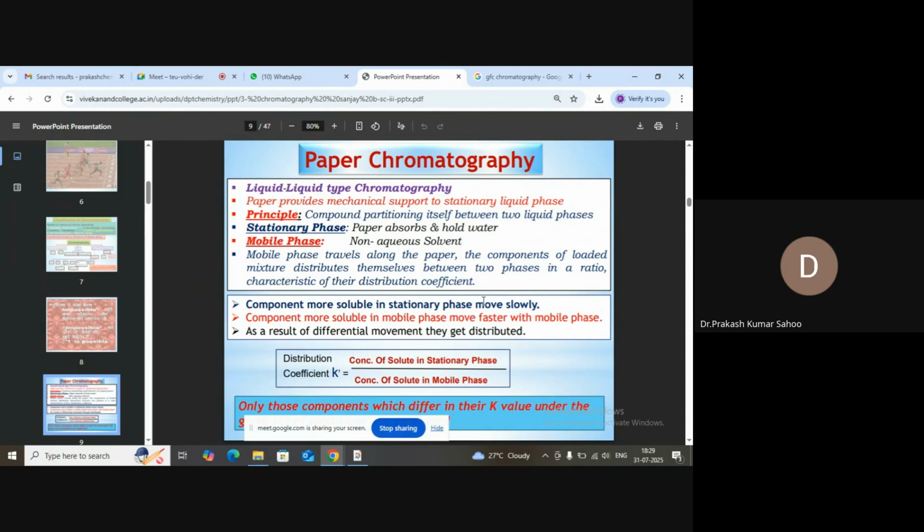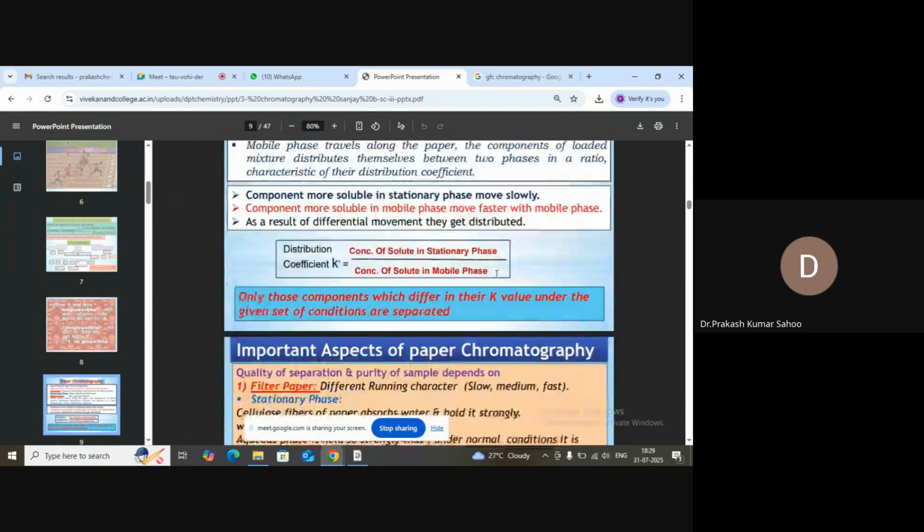The component which is soluble in the mobile phase will move faster, and it will be separated first. So this is the way it happens. Different components get separated based on their interaction with the solid and liquid phase, that is the stationary and mobile phase.